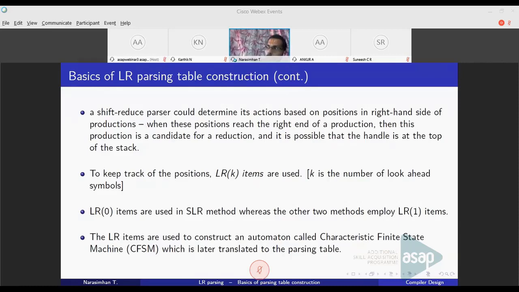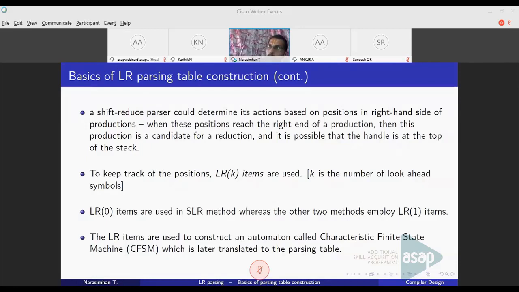So you should watch out for the various positions in the right hand side. To keep track of those positions in the right hand side of productions, we will use a mechanism called LR(k) items. These LR(k) items are a mechanism to let us know about the various positions in the right hand side of a production.